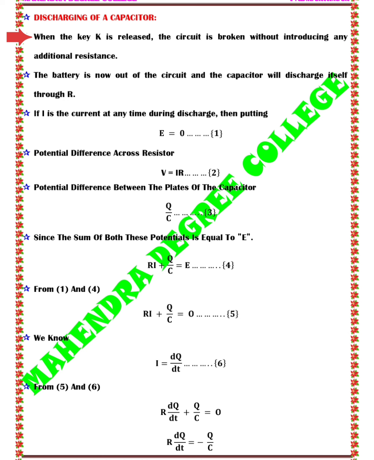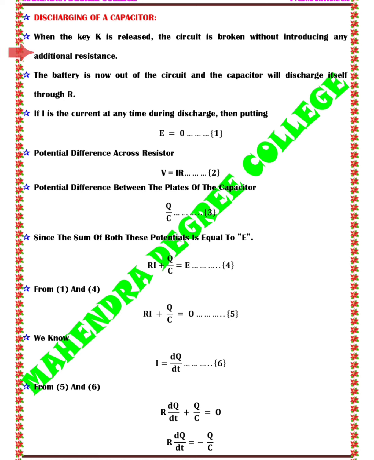Without introducing any additional resistance means the break does not add a resistor or any other component. It simply stops current flow entirely, acting as an open circuit with essentially infinite resistance at the break.